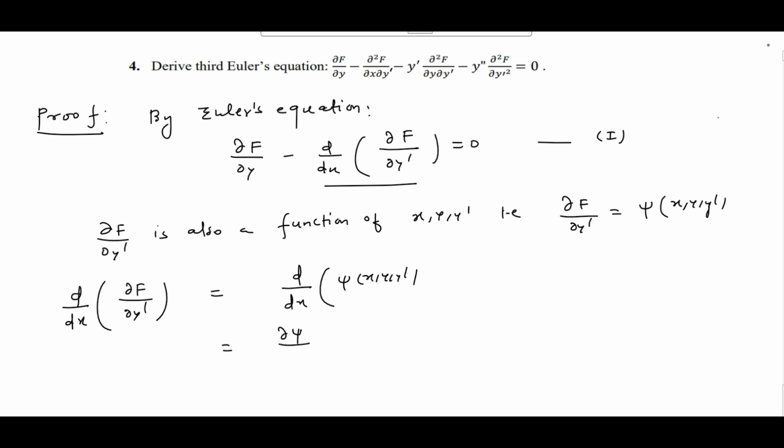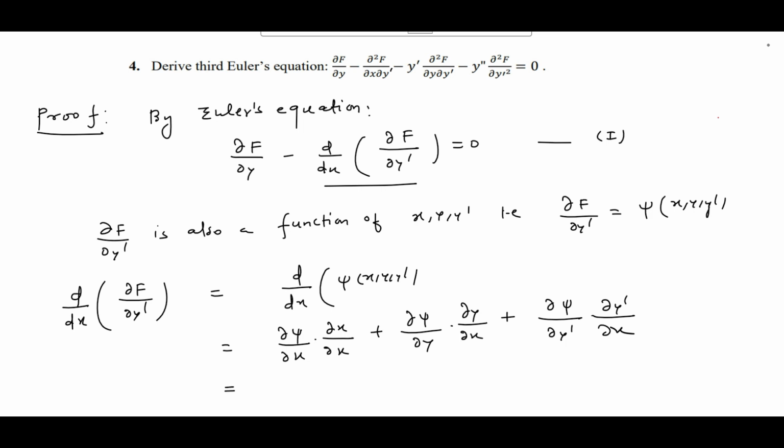del phi over del x and del x over dx plus del phi over del y and here del y over del x plus del phi over del y dash and del y dash over del x.